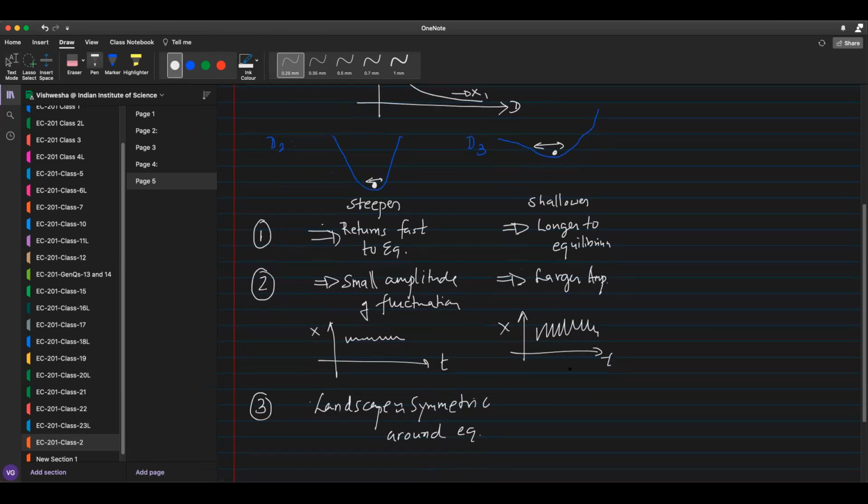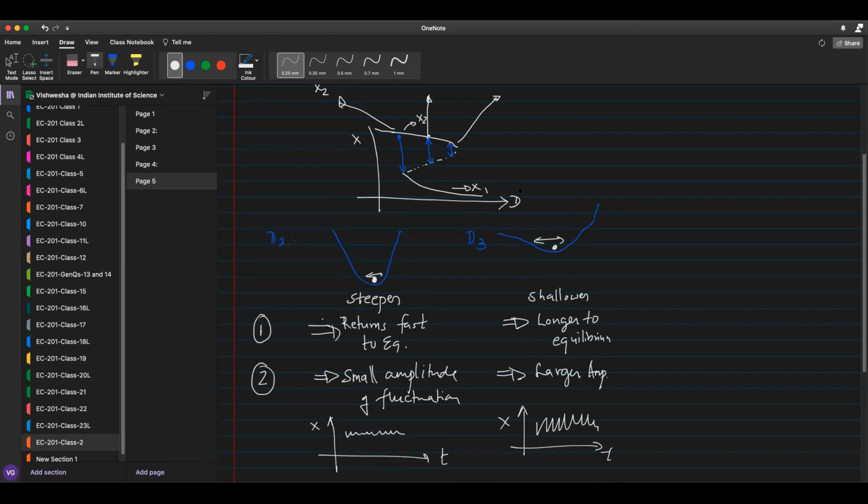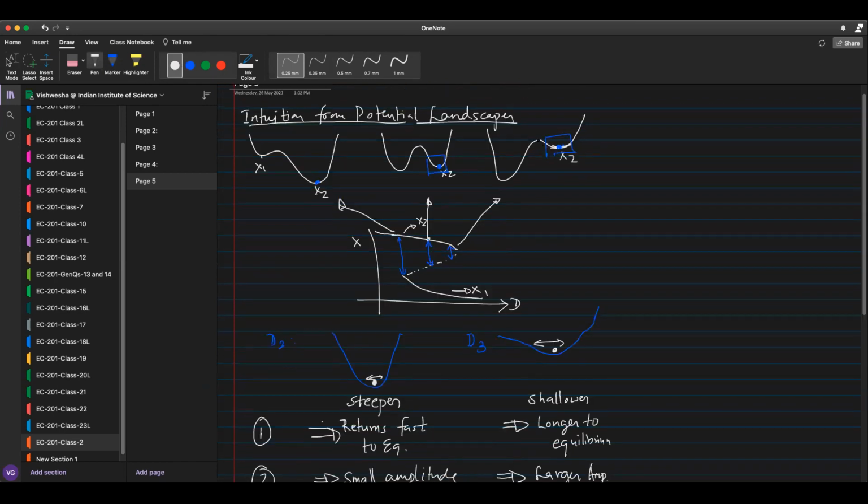How about this? Is it symmetric? Again, go back here. Around the equilibrium, does it look symmetric? It has an asymmetric structure, right?